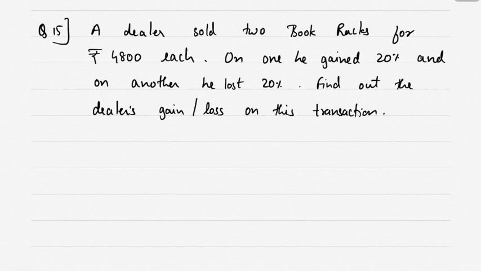So selling price for both is the same, 4,800 each. Okay. So let's see for the first book rack. Let's find out. On one he gained 20% and on another he lost 20%.